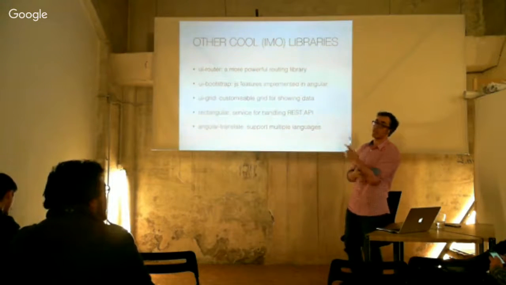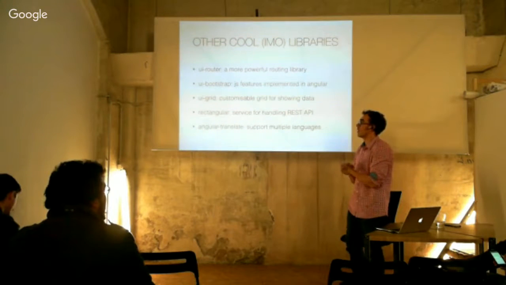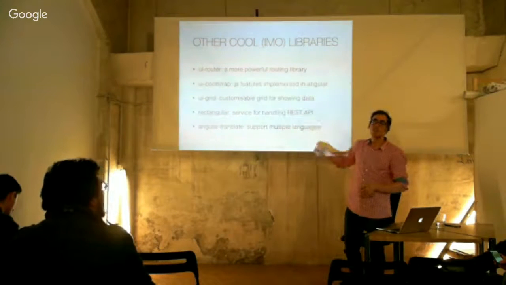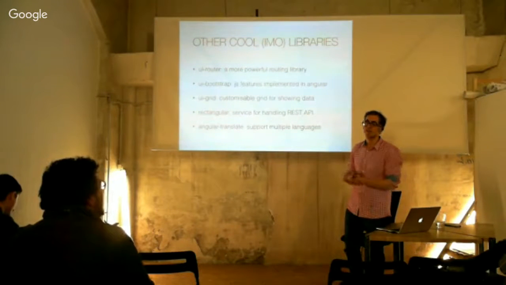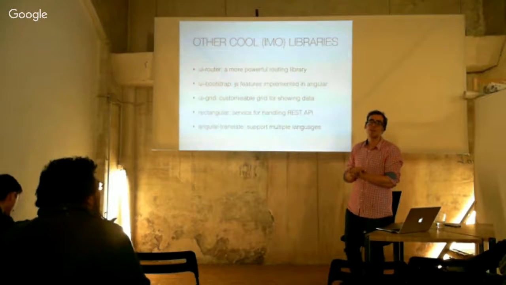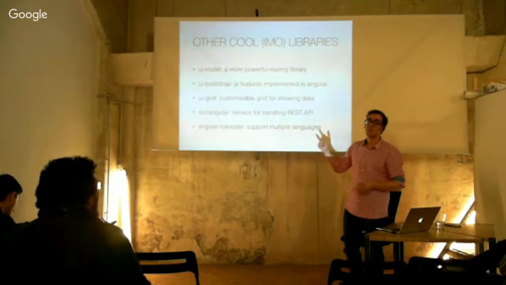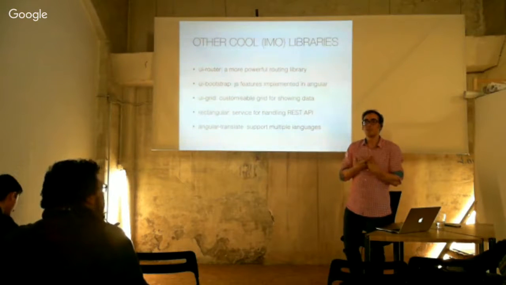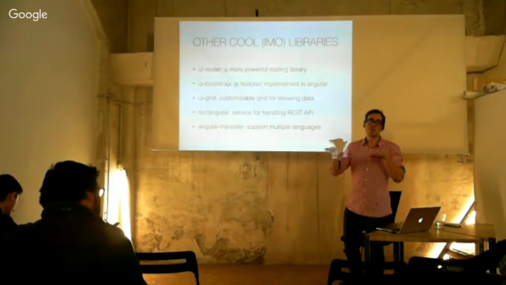UI Grid is also very cool. You can see there are several projects that start with UI. There's a group of people that I think they call UI Angular or whatever. They build a lot of cool projects. UI Grid is a grid for showing data. It's very useful if you're building business applications where you have to show a table with lots and lots of data.